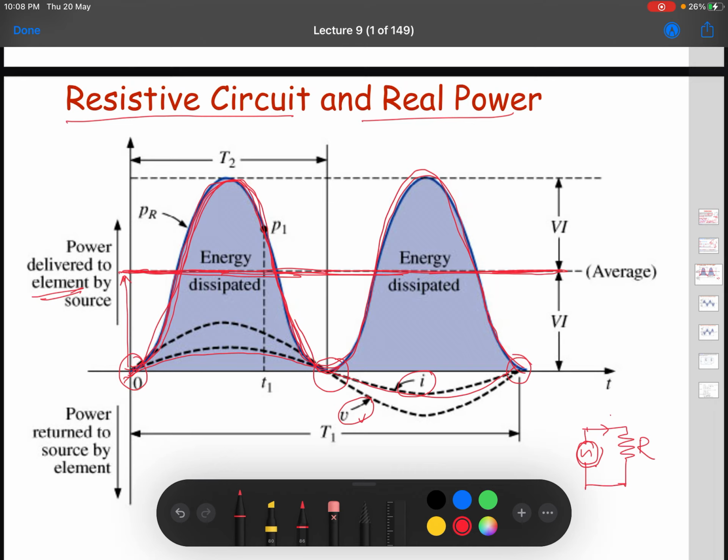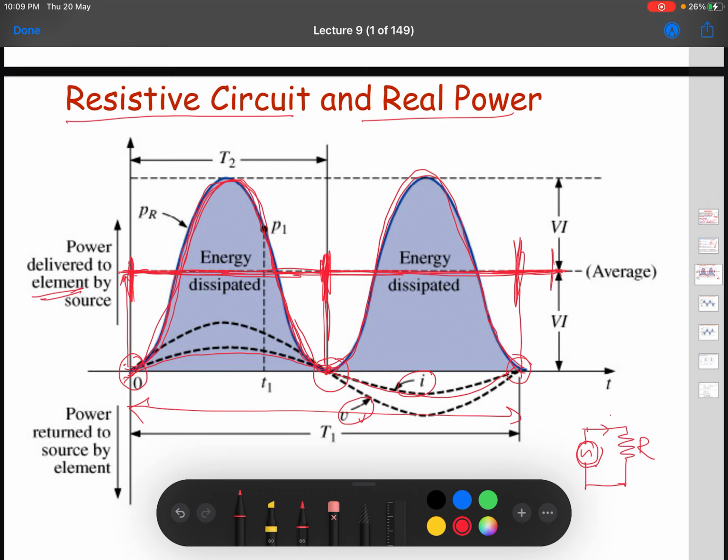The second thing you will find is that it has double the frequency. From here to here is one cycle of power, and from here to here is another cycle of power. So there are two cycles, whereas the current and voltage have only one cycle. So the power oscillates with twice the frequency, and it has an average value.